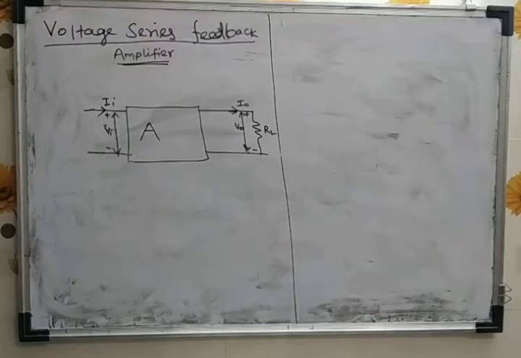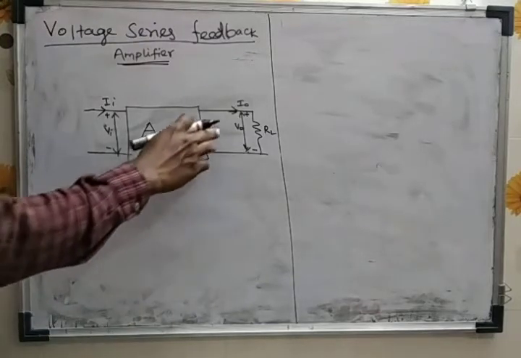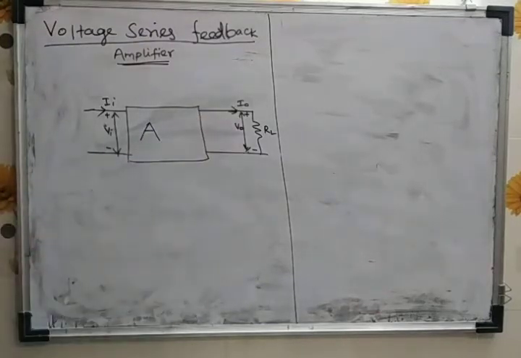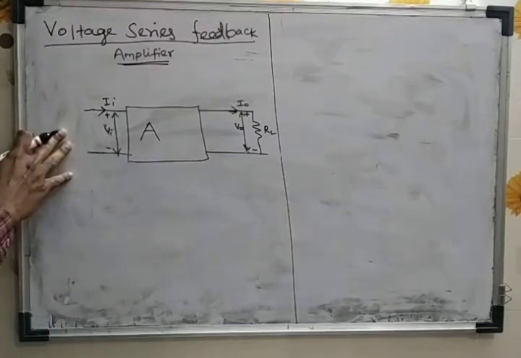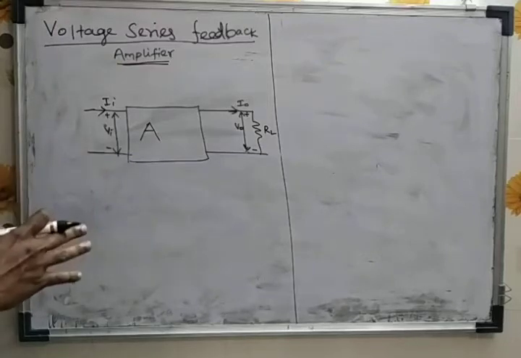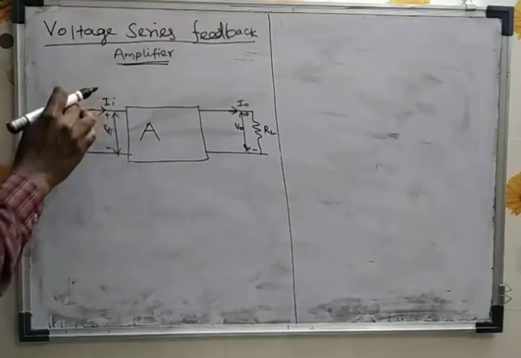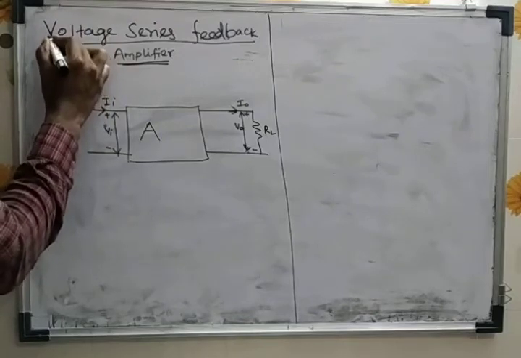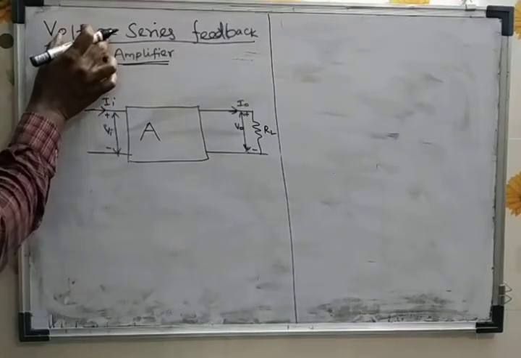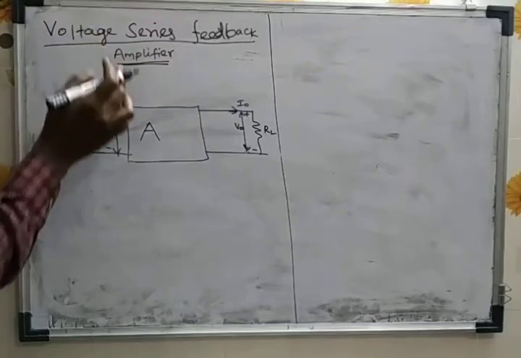Feedback is nothing but a fraction of the output voltage is sampled and fed back to the input through the feedback circuit. So here we are using the sampling network as voltage.